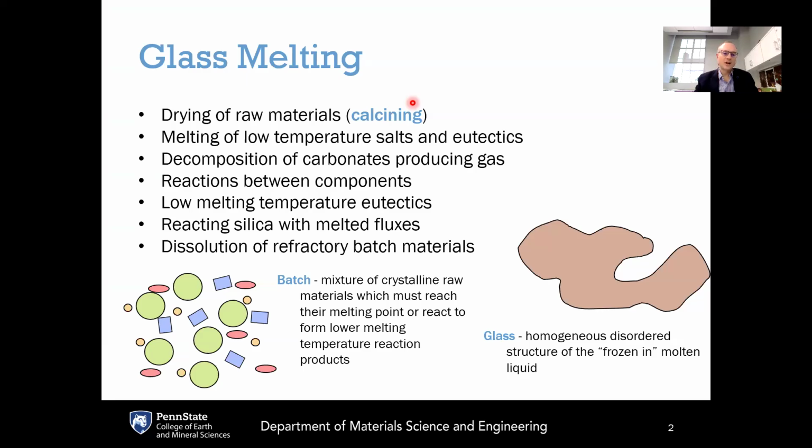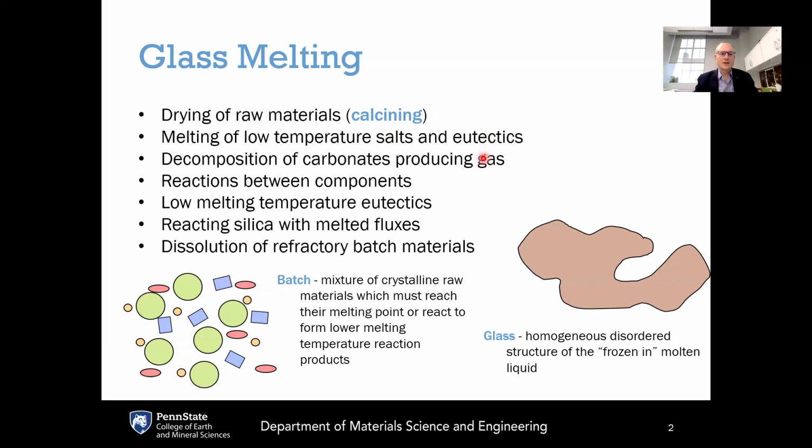means exposing the batch to temperatures of around 200 to 225 degrees Celsius. That is enough to remove a lot of the water from the batch materials, such that the drier batch materials would be put into the melter. Once the batch materials are in the melter, the first materials that melt would be the ones that have a lower melting temperature.